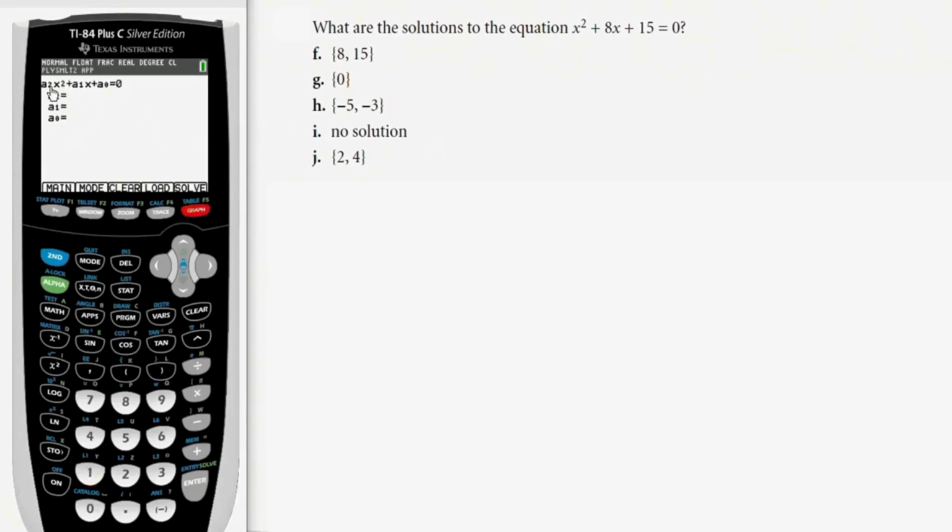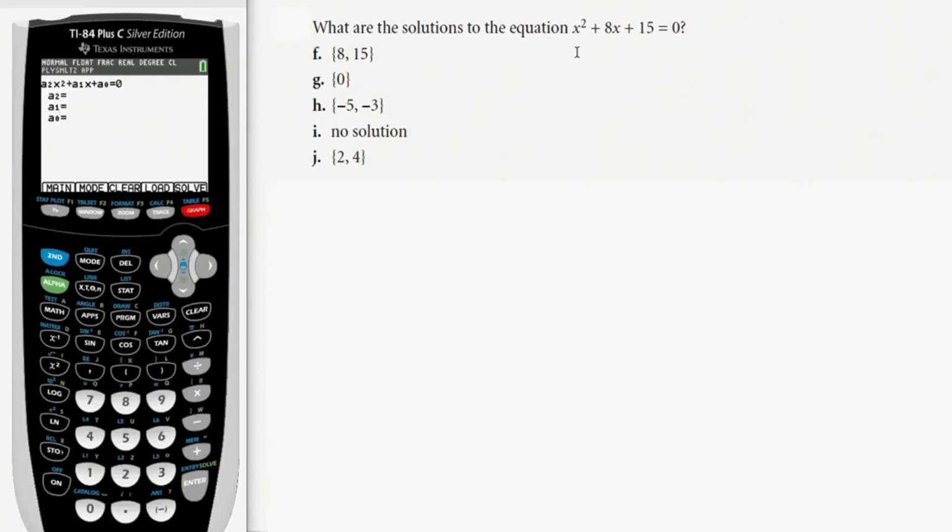Alright, so let's input the values of a2, a1 and a0 respectively. Now guys, in a quadratic equation it usually has labels a, b and c, but the a, b and c labels are replaced with a2, a1 and a0 respectively here on the calculator.